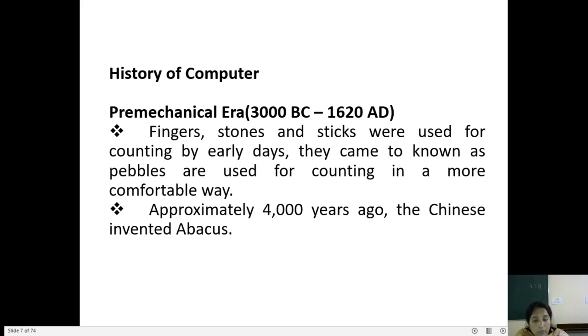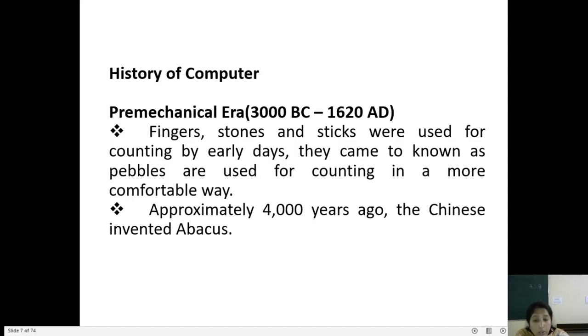They were working from morning to evening in certain occupations. At that time illiteracy was more and education was less, but the working knowledge was fantastic, and they used concepts like fingers, stones, sticks, and pebbles for counting.